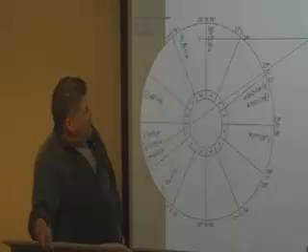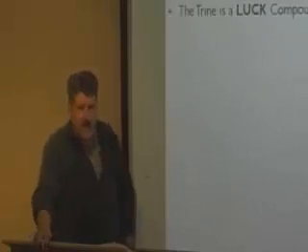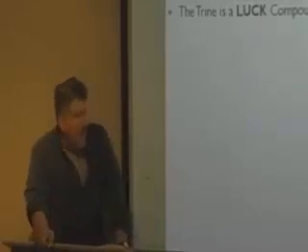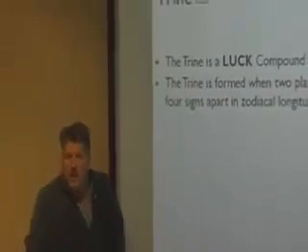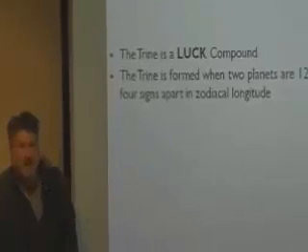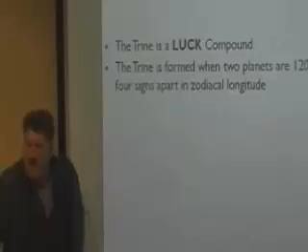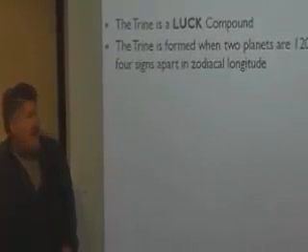And let's go through this. We've already talked about that. That was fast. The trine. We want to move on to the luck compound. The trine is formed when any two planets are 120 degrees apart. This is 4 signs apart. And what this means is that these planets will more likely than not be in the same element.